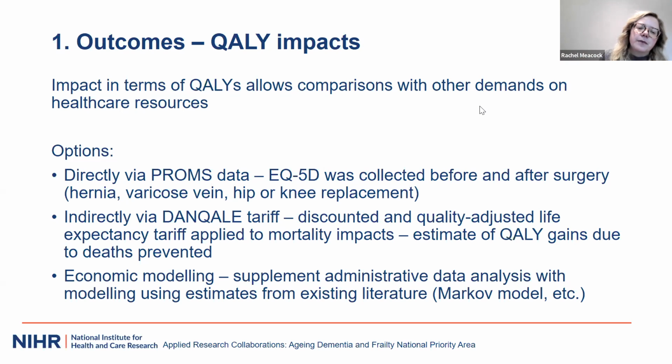We know the life expectancy of patients, so if we've prevented those deaths, we can tag this tariff on, and it gives you an indirect estimate of how many QALYs gained. And that's been applied to COVID patients. So that's one option.